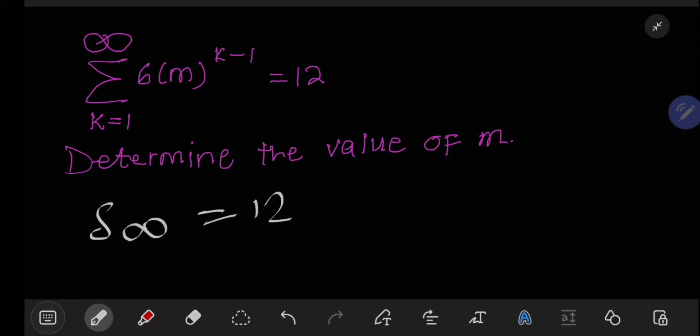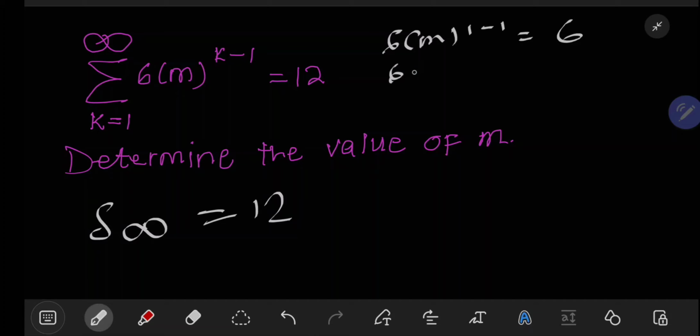But now we know that the sum to infinity only applies to geometric series which are converging. So here we know that we're dealing with what? Geometric series. To find the first term, it means you're going to have 6m to the power 1 minus 1, which is 6 to the power 0, and any number to the power 0 is 1, so it's 6 multiplied by 1, and then it becomes 6.